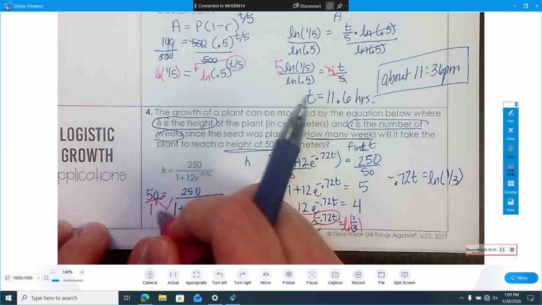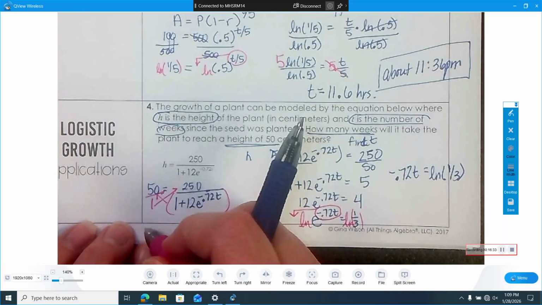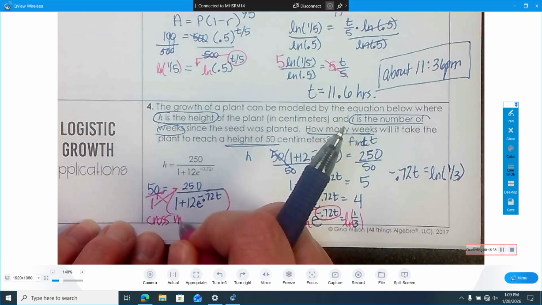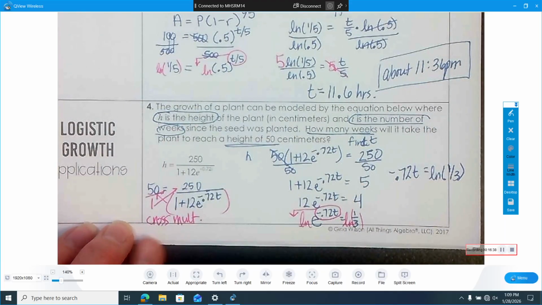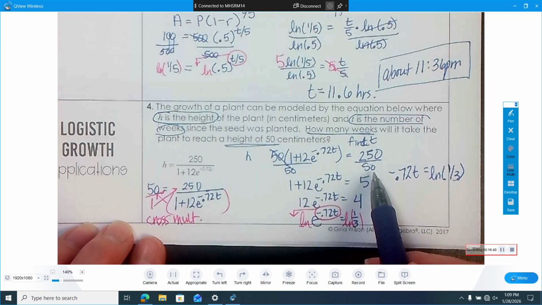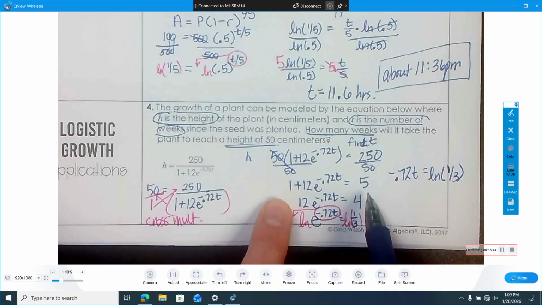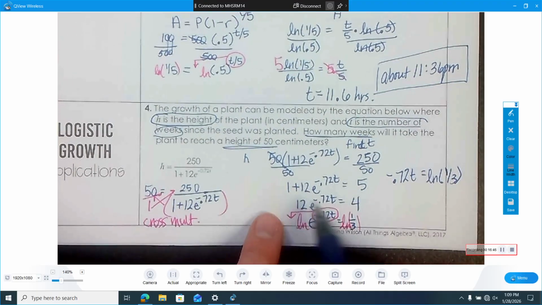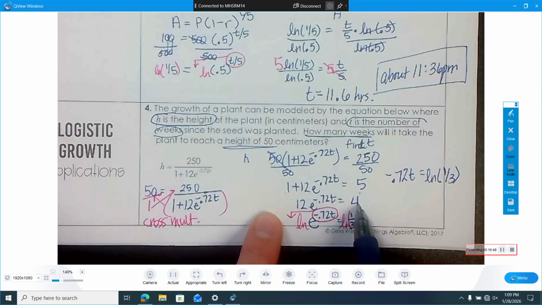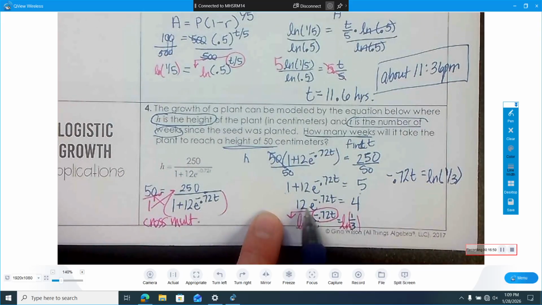Cross multiply. Yeah, that's essentially what we did. We cross multiplied. All right. And I divided off the 50. So we got rid of that. Okay, so we subtracted 1 from both sides. That gets us to the 4. And then this is 12 times e to the blah, blah, blah.